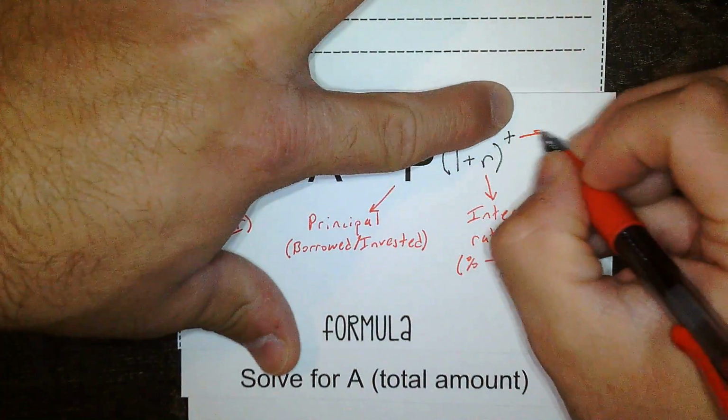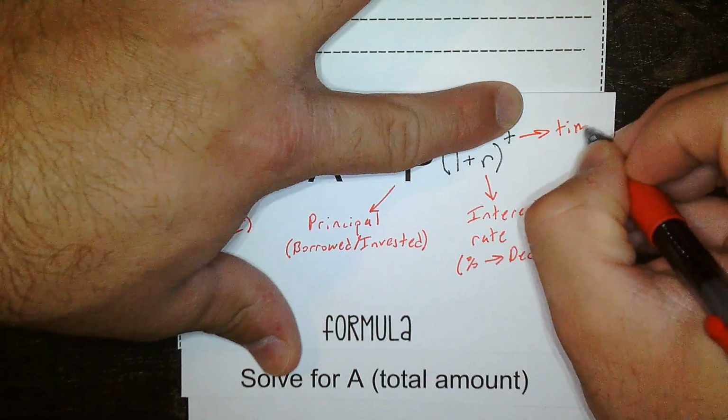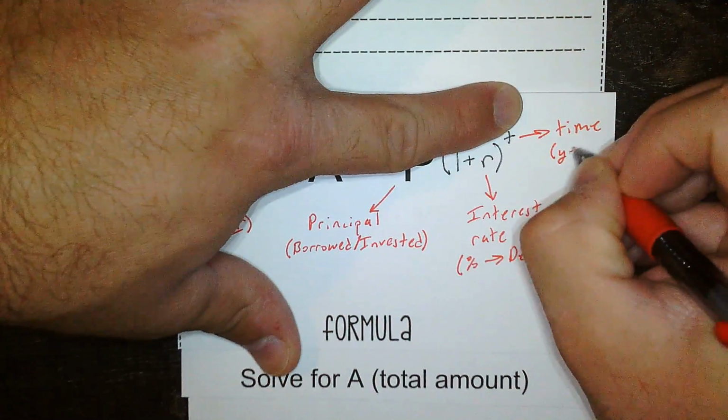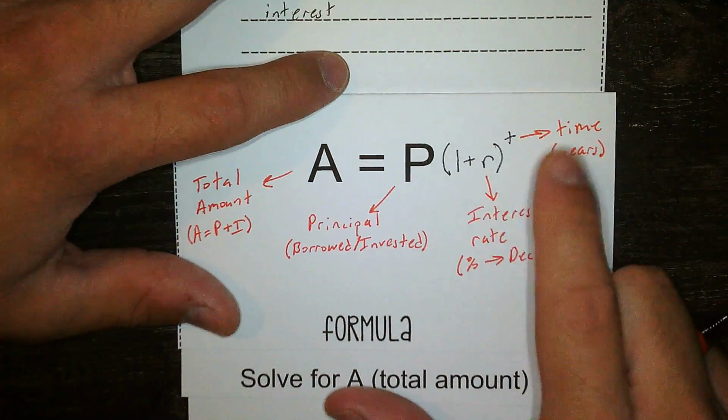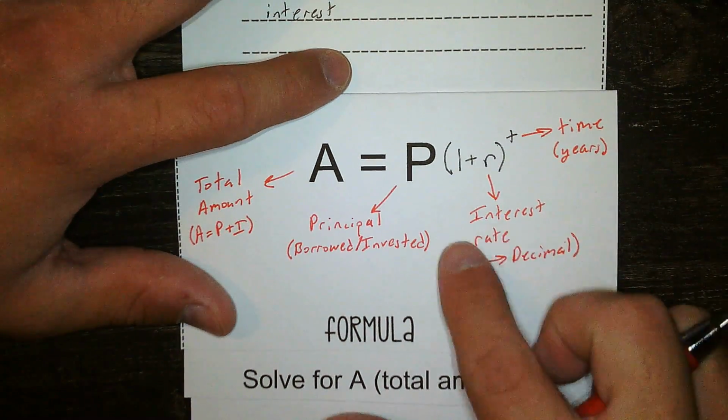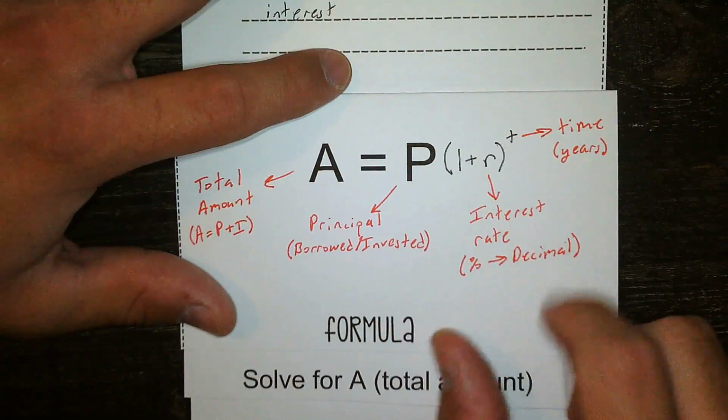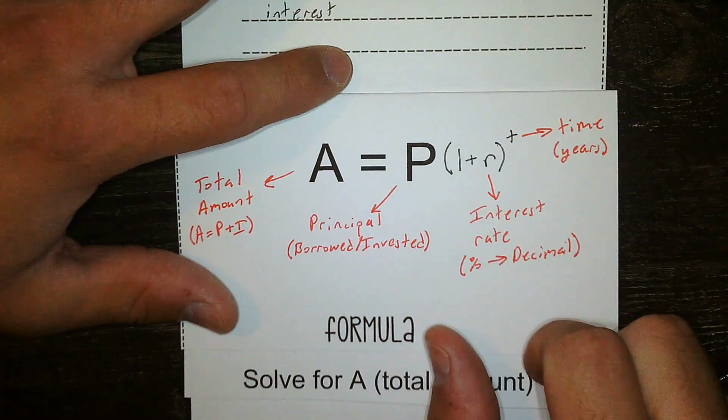T still stands for time, and it still has to be in years. So principal, rate, and time all mean the same thing. P, R, and T stand for the same things, just in different places in the formula now.